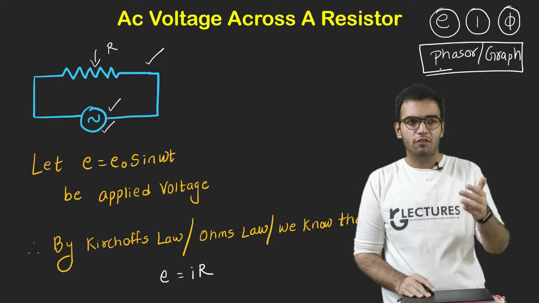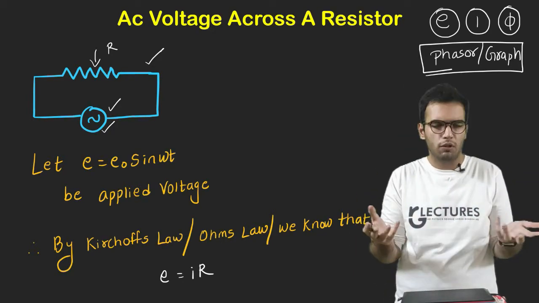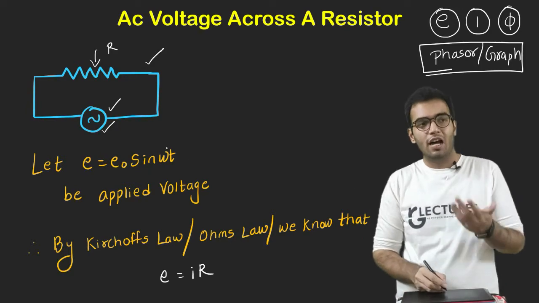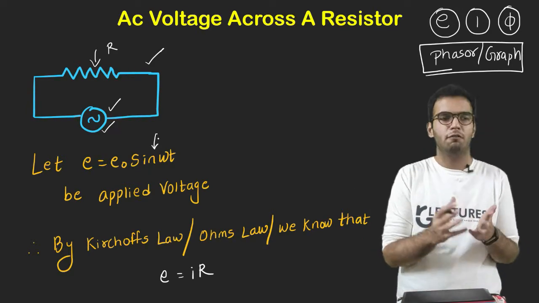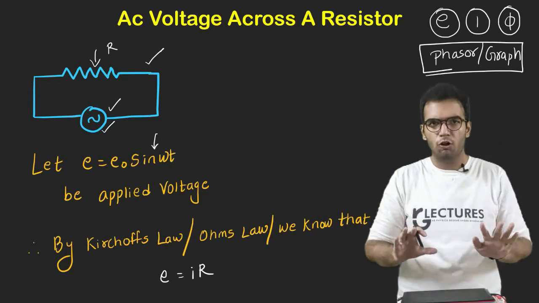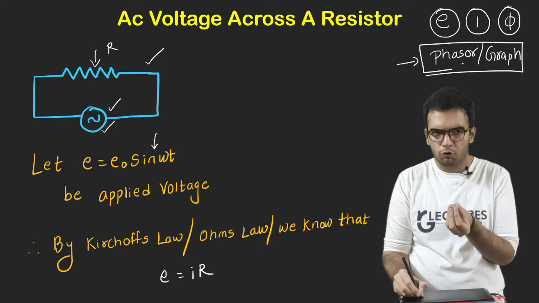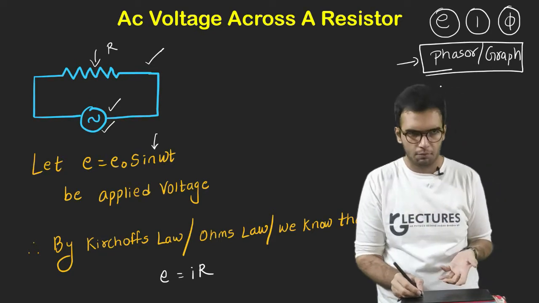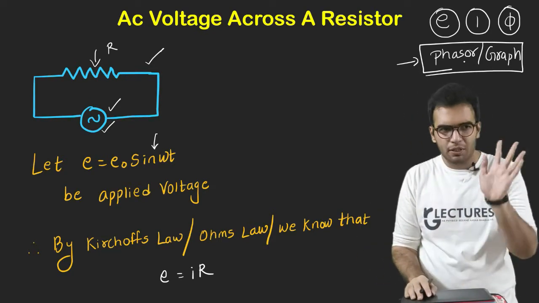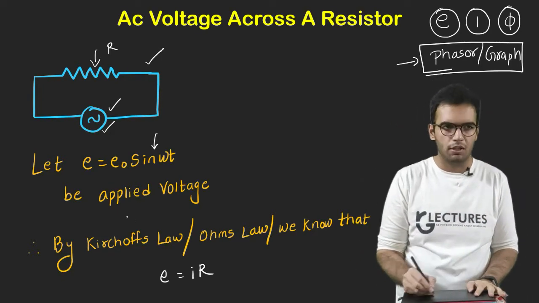You can start by supplying the current and finding the voltage; a few books follow that method. You can start by supplying the voltage and finding the current. You can follow any method. Methodology does not matter. What matters is that the phasor diagram should be correct and the graph should be correct. Whatever explanation you follow is fine, just these things must be correct.